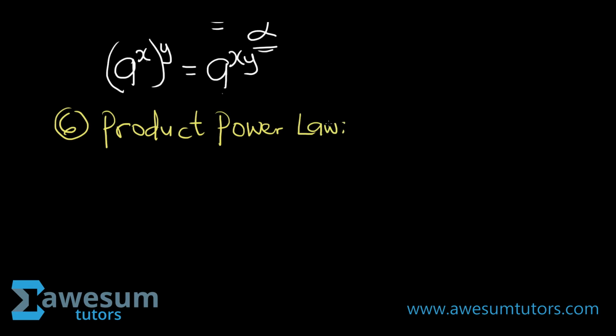What is this saying? It's saying that when you have the product of different factors in a bracket, and they are raised to a certain power, the power is distributed over each factor in the bracket.